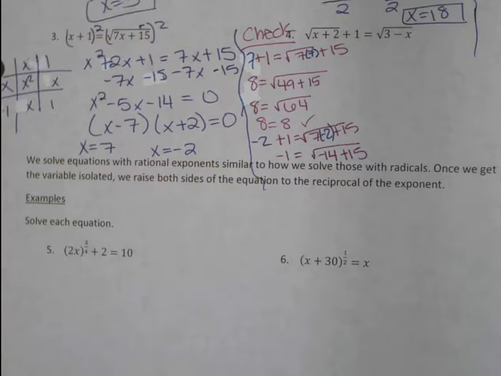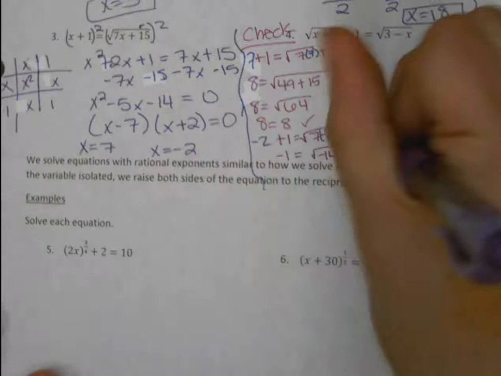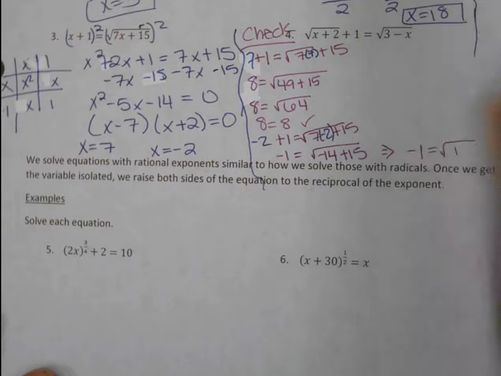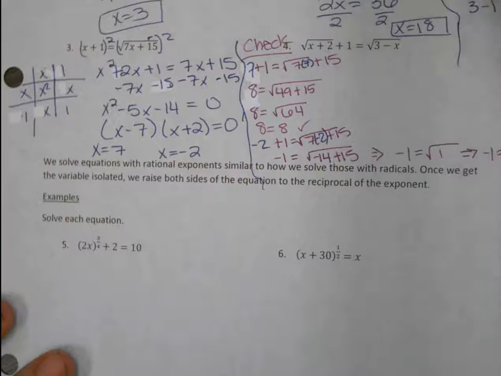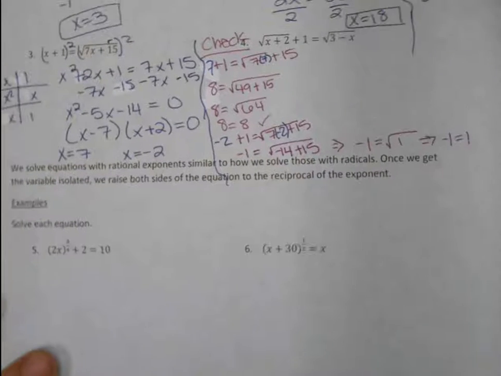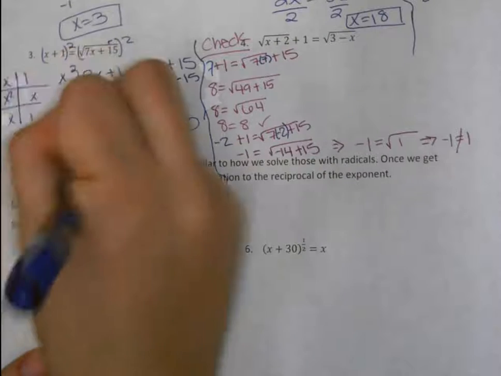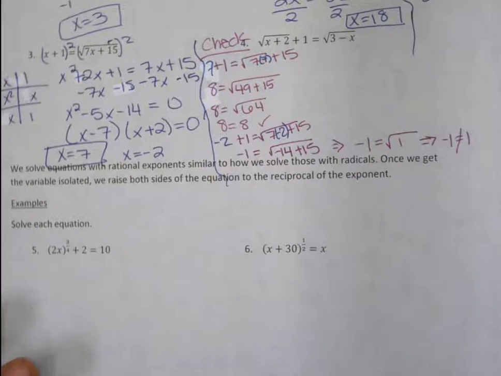So when I do this, it's going to be negative 1 equals the square root of 1, which gives me negative 1 equals positive 1. So this one doesn't work. So my only answer on number 3 is number 7, just the 7.